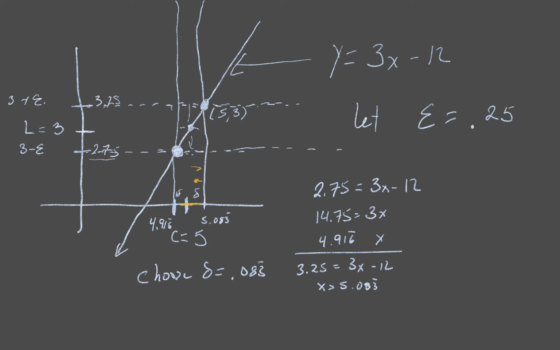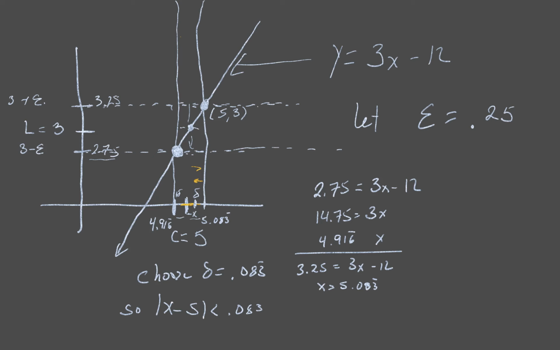As long as I take an x value that's in here, so x minus 5 less than 0.083 means the distance from x to c is smaller than the distance from c to 5.083 or 4.916 repeated, right?